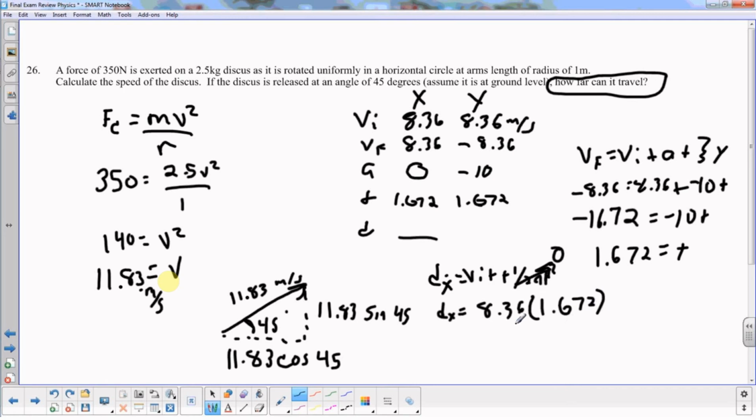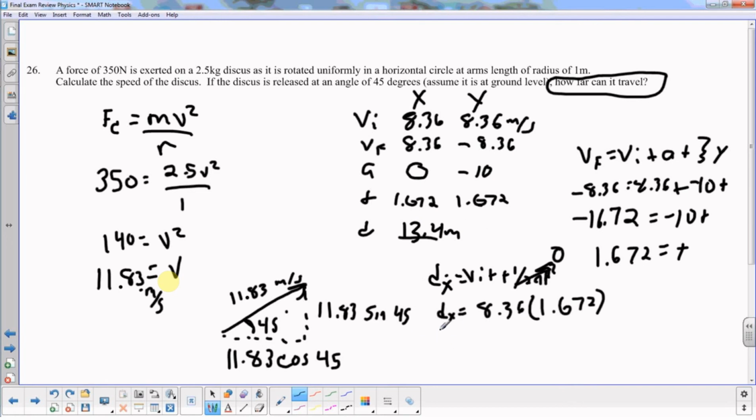Let's do that out. 1.672 times 8.36, 13.997 meters. So not bad.